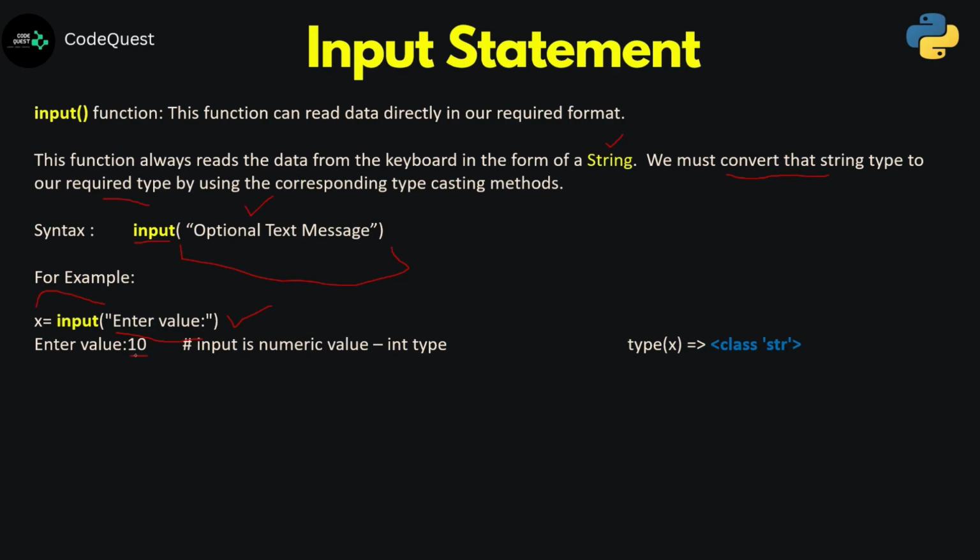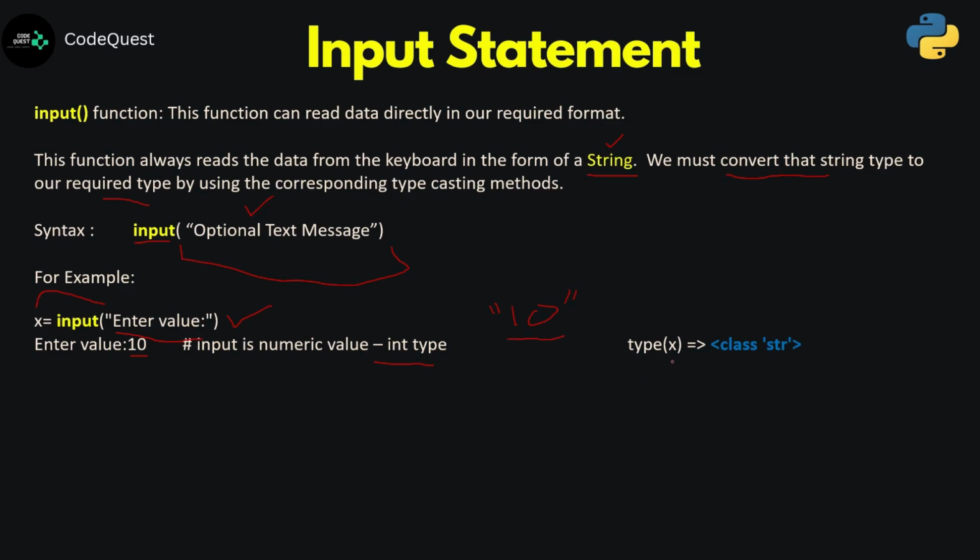Now, even if I have given this 10 as a numeric type, it is not going to carry the numeric value, because by default it takes a string type of value, which means this 10 will be stored in the form of a string. When 10 is enclosed within double quotes or single quotes, it is nothing but a string, not a digit.